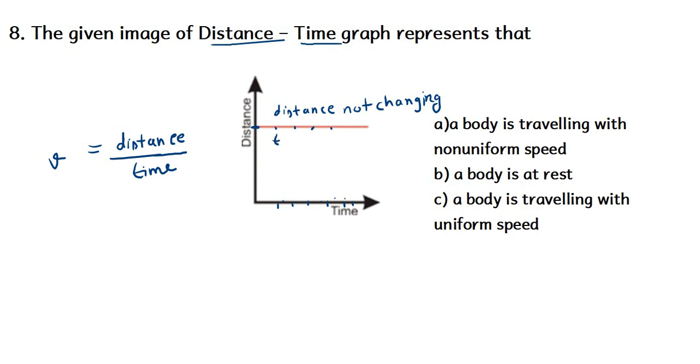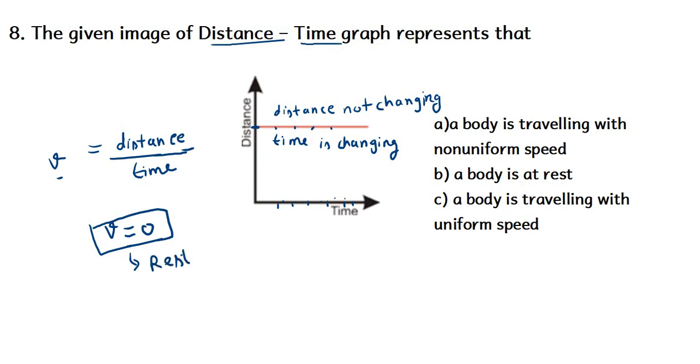If the distance does not change, we can say the object does not change its position, which means it has 0 velocity. And if the object has 0 velocity, that means the object is at rest. So what does this distance-time graph show? A body is at rest. When does it happen?